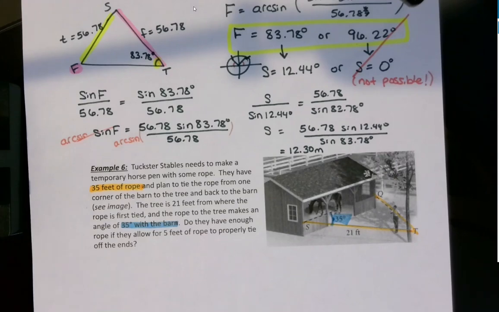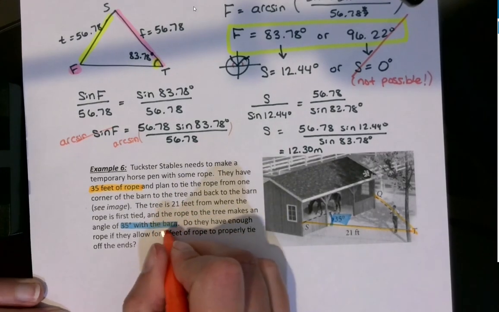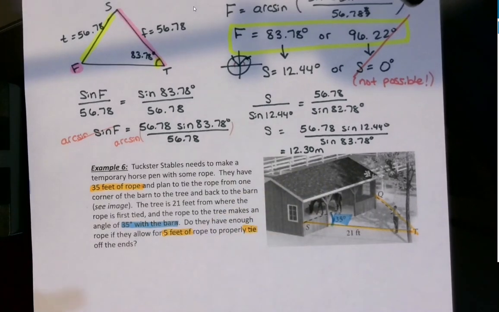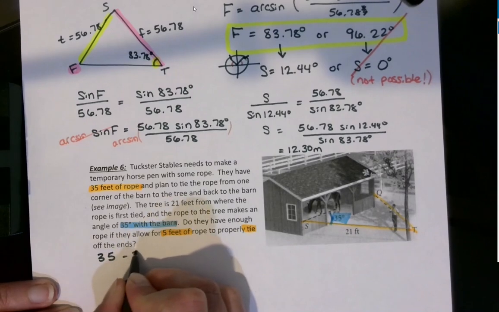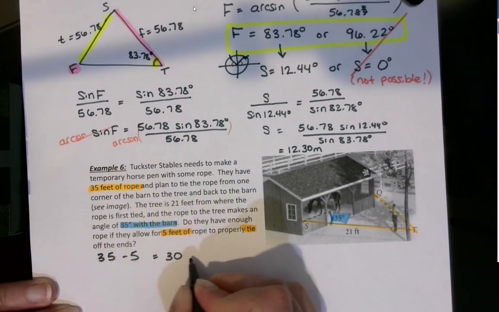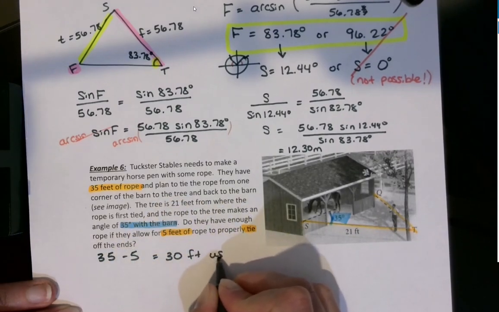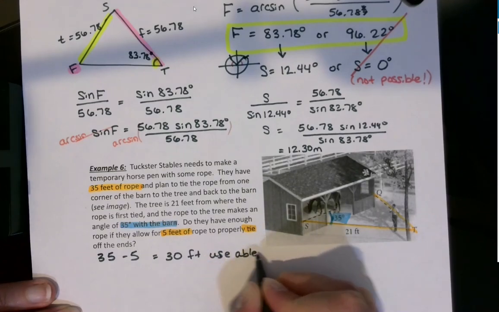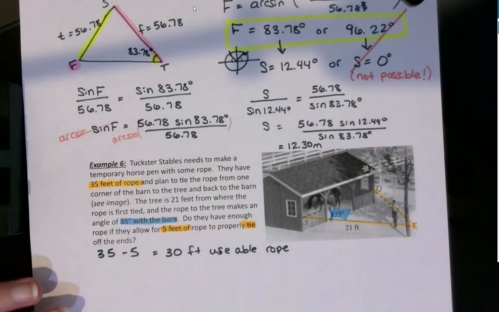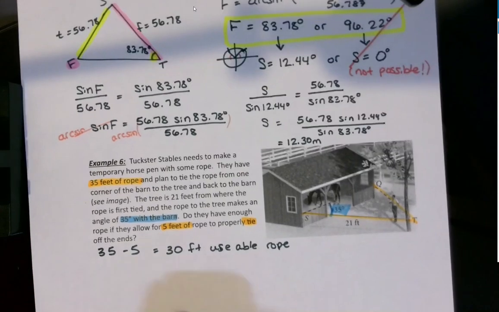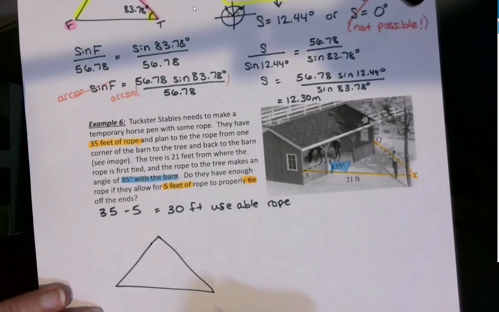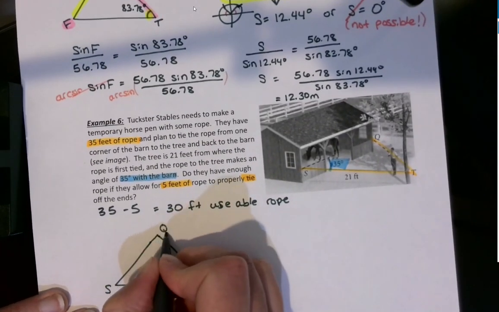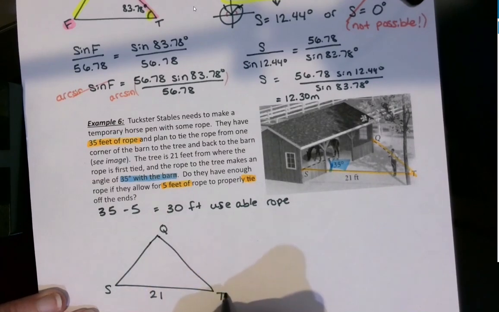Okay, so we know that we have to allow 5 feet of rope for tying, which means that out of the 35 feet of rope, we're going to say that we have 30 feet of usable rope. So in our triangle, I'm just going to redraw it off of this picture here. This is S, this is Q. We know that distance is 21.